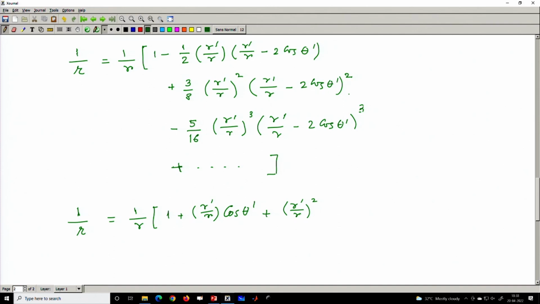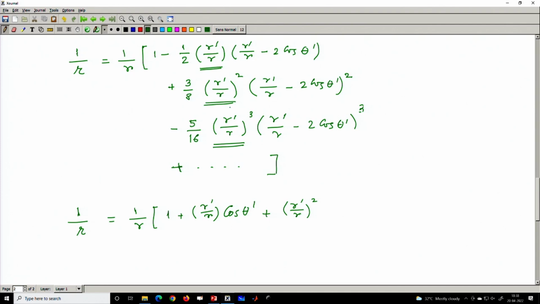Now I just gather all the order of this r, separating out the power of r prime divided by r. Let us do that. So, here we have cube. When I take cos theta, its power is 1, then I have a square here, and I have a square here also.